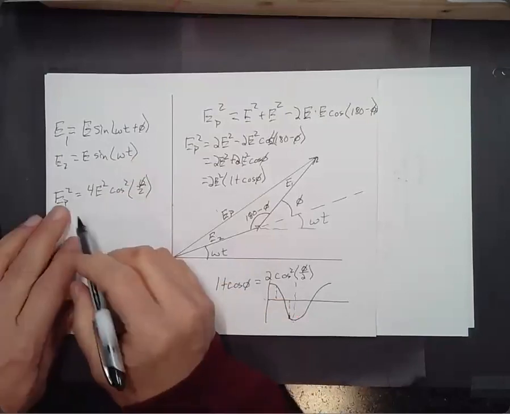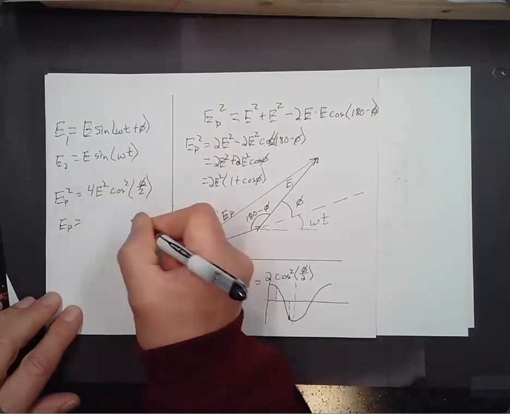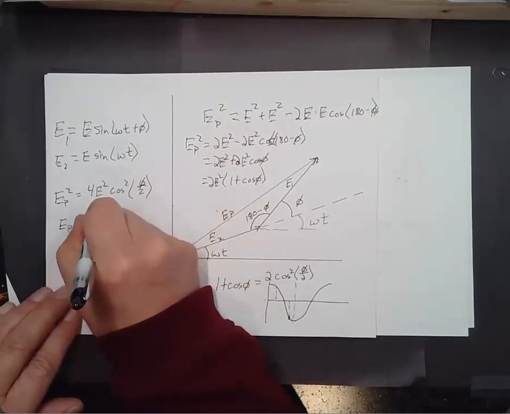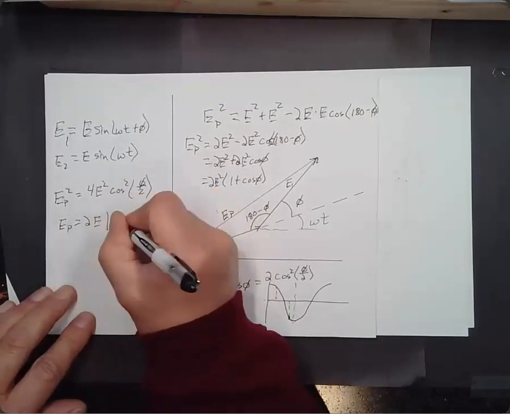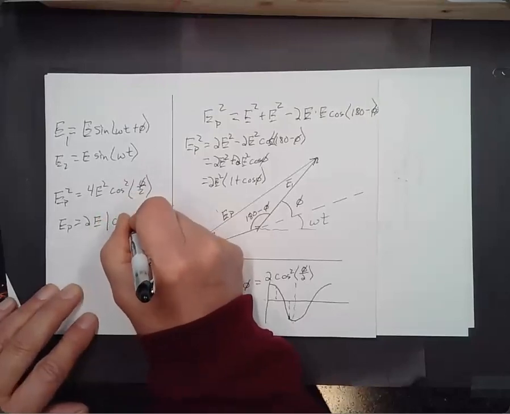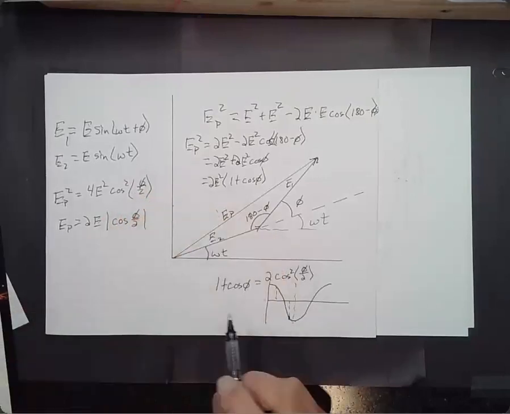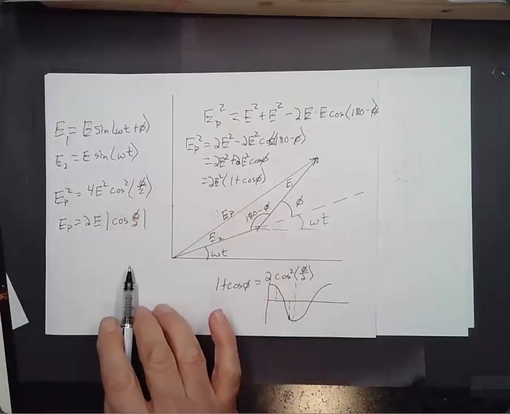And if we're just interested in e sub p, we take a square root of everything, and it'll be 2e, and then the absolute value of the cosine of phi over 2. Huh. Well, that's kind of interesting.